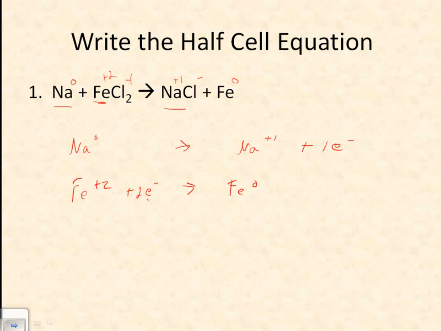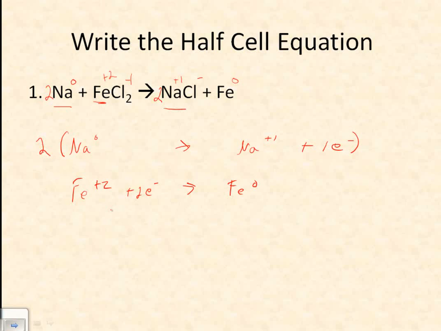So I have 2 electrons being added here, and I have 1 being lost here. I've got to have my electrons balanced, so what I need to do is multiply this whole thing times 2. Okay, so I'm going to take this 2 and carry it up to any place that there's a sodium, and that will give me my balanced equation.